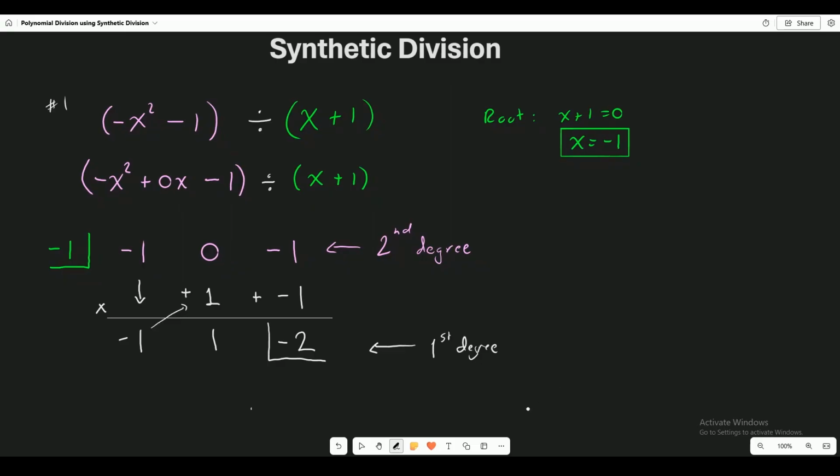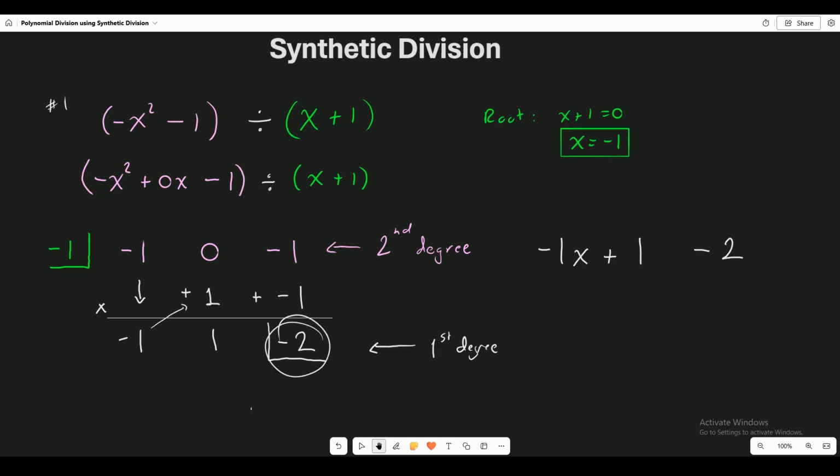We grab the coefficients, right? Negative 1, 1, and minus 2. And then we just add a term that's 1 degree less. So in this case, it was second degree divided by first degree, which means this is a first degree polynomial, negative x plus 1 minus the remainder.